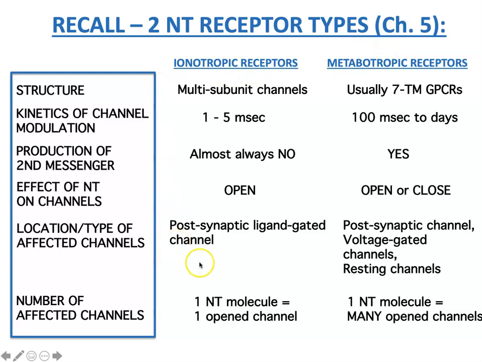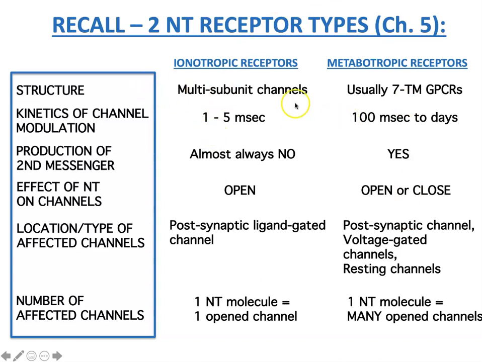Just like with the ion channels that we talked about for the action potential, you're going to note that these receptor types are very similar. The ionotropic receptors are very similar in structure to each other, and the metabotropic receptors are very similar in structure to each other.